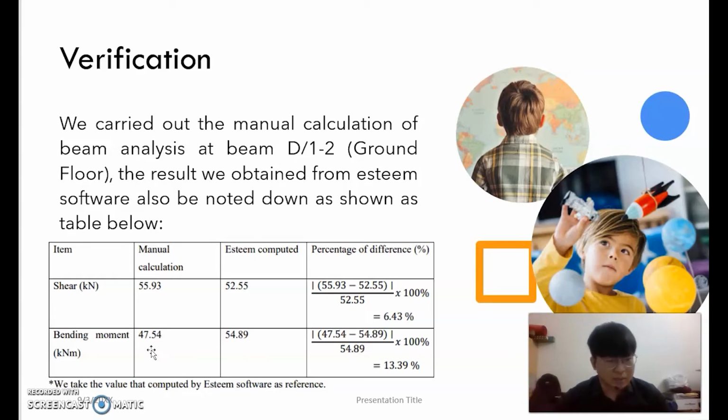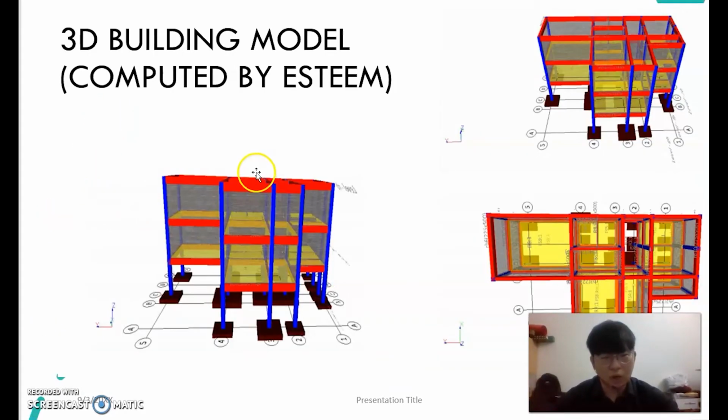While in Esteem, all the calculation is done by the system and the value is generated by the digital data, including the finite digits of decimal places we consider in the system, which will evaluate the exact value without rounding off or chopping off, the mathematical approximation in numerical error. So this is our 3D building model computed by the Esteem.